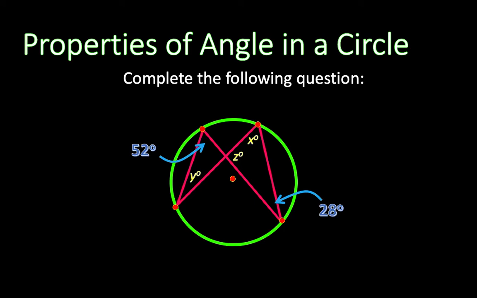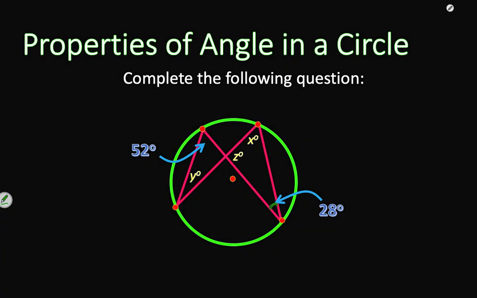Well, I can see this 28 degrees right here. That is inscribed by this point and by this point. And another point inscribed by those two lines is this Y right here. So you could have looked at this one and said, okay, if this is 28, this also has to be 28. And then you could have worked the whole question backwards.